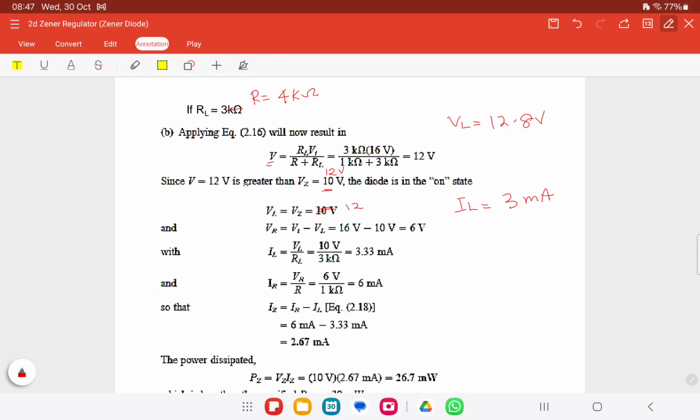Now we want to get the, apa nak cari apa pula? IR. So IR berapa? Dia simple je. I equals to V over R. V dia adalah VI minus VZ over the R value 4K.